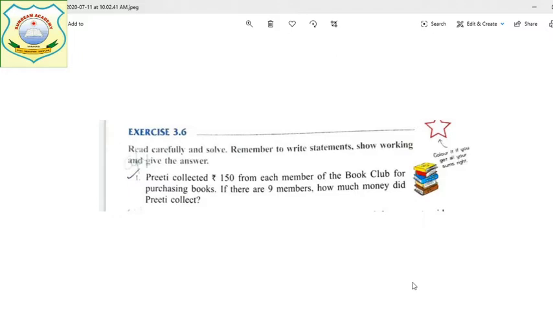Hurry up. In this question children, Preeti collected 150 rupees from every member for purchasing books. Now we have to find, if there were 9 members, the total amount that Preeti collected from all the members.